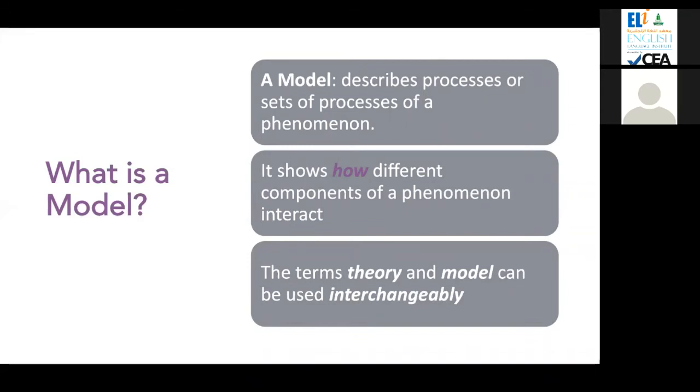So it's not wrong if you say theoretical framework or theoretical model in writing. But you need to know the difference in the assumption between the two. A theory answers the question why something happens, but a model is more specific to the nature of the process of how a certain phenomenon occurs, or how different components of the phenomenon interact.